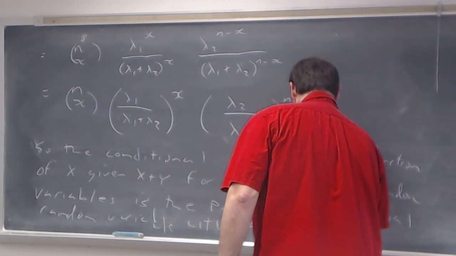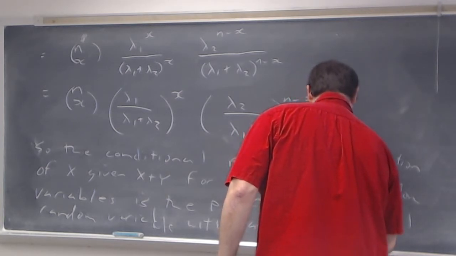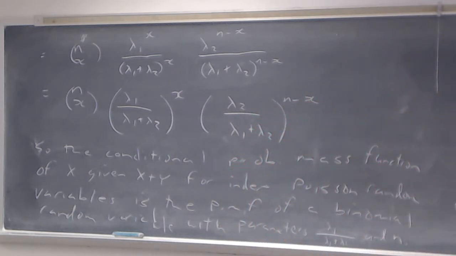The p would be lambda sub 1 over lambda sub 1 plus lambda sub 2, and the n, the number of trials, is n. That's what we have.